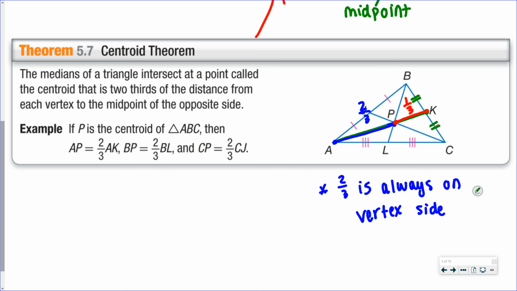If I highlighted this median from B to the midpoint L, this distance right here from the vertex to the centroid would be 2/3 of that median. And this distance would be 1/3 of that median. Okay, we'll look at a couple examples, but 2/3 is always on the vertex side. This characteristic holds true for the centroid.